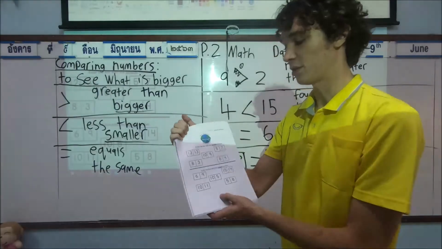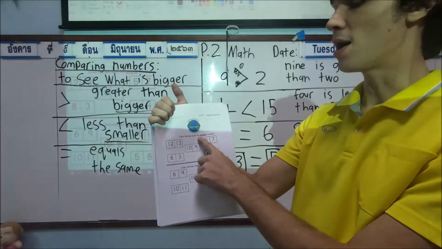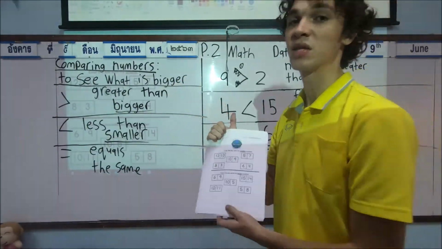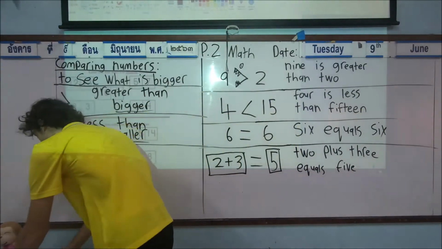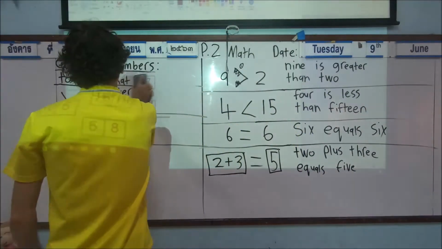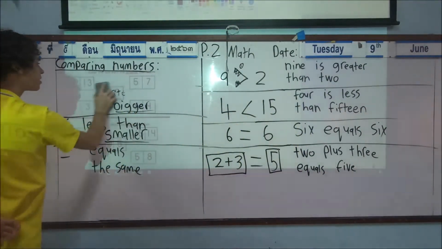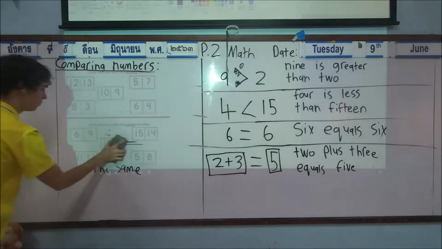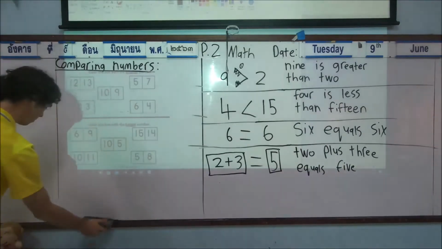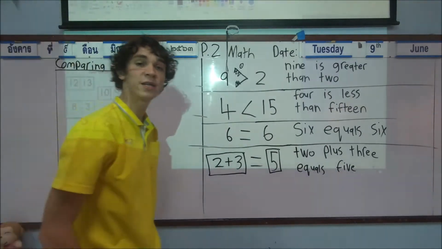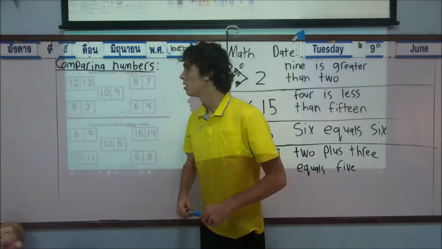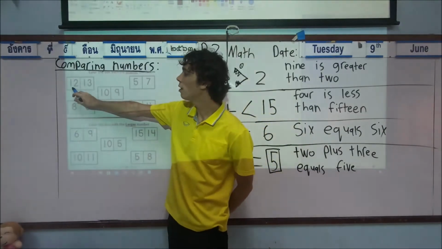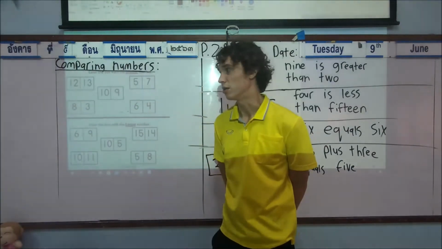It says, color the box with the smaller number. So we have to think smaller. Smaller is less than. So let's look. 12 and 13.